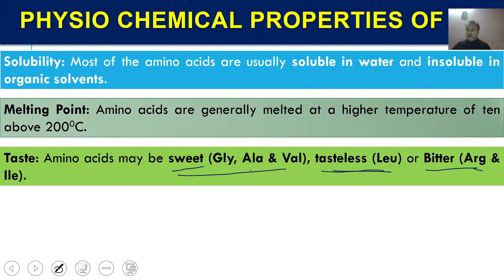Now, there is one compound called MSG. Can anyone tell me the full form of MSG? What is the full form of MSG? Messenger of God. MSG means messenger of God.